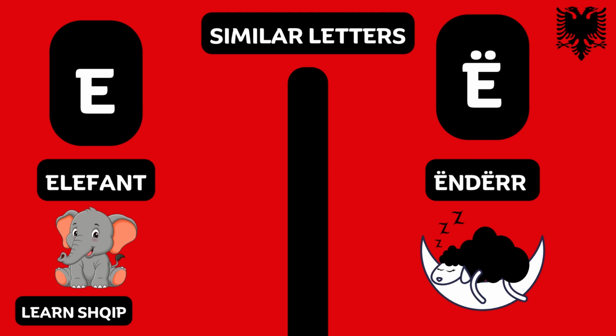And then the E with two dots, you can pronounce it this way: E. For example, dream. So once again, normal E, and then the E with two dots.